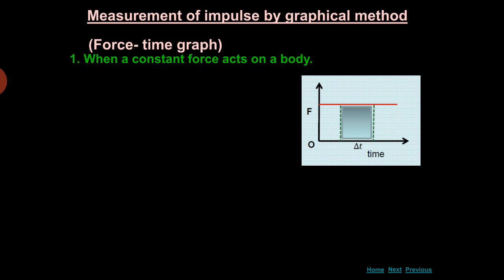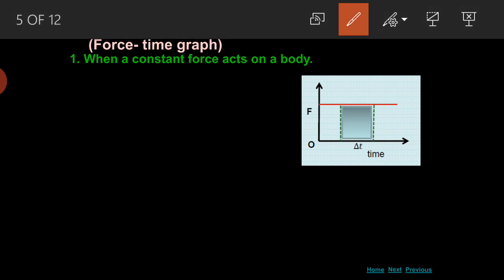As you can see by the red line, which is representing the constant force acting on a body. Now, what is the area of this rectangle? Let us mark its vertices by A, B, C, D.